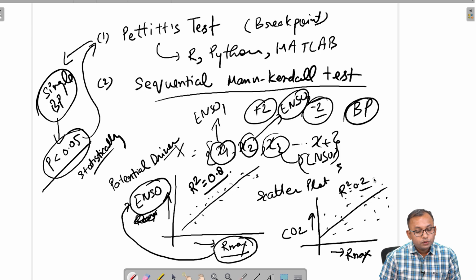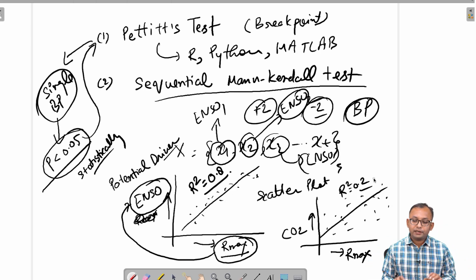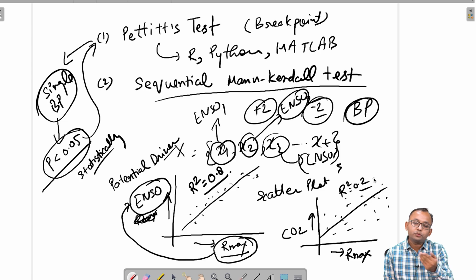You can also repeat this exercise, and you can do a Pettitt test and sequential Mann-Kendall test in different programming languages with your example data set, and then you will be able to understand how you can get the breakpoint analysis.